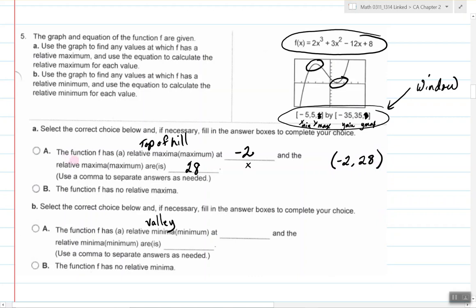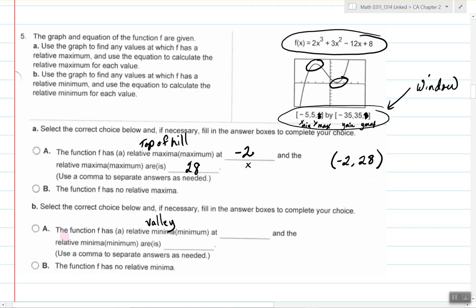But the way they say it, it has a maximum at the x value of -2, and that highest point is 28. All right, so this is what the grapher told us, but we had to read the question and understand.